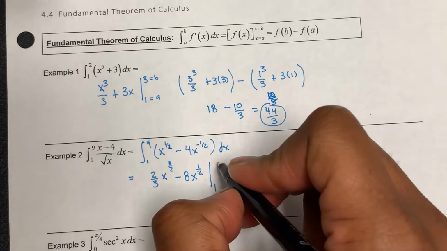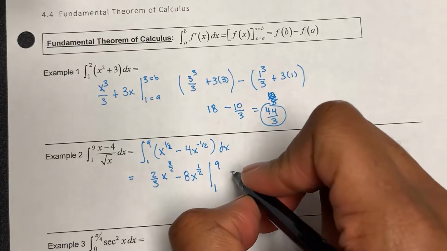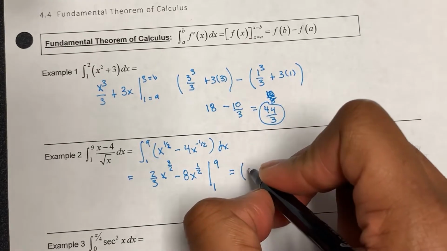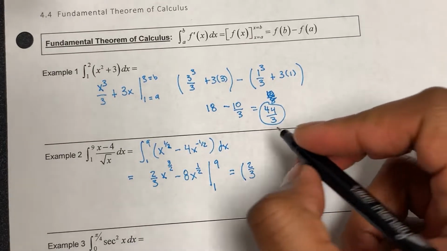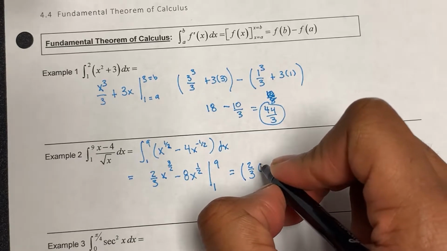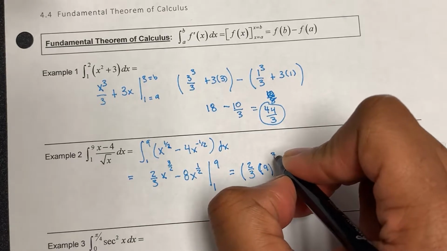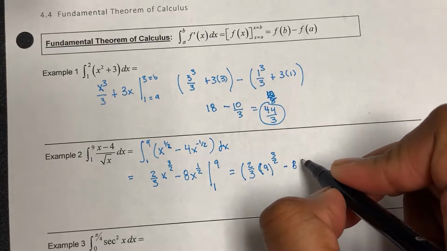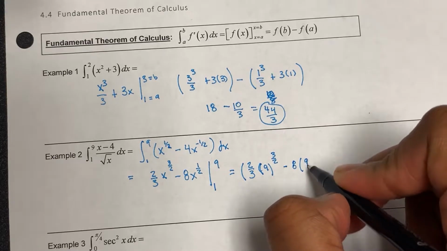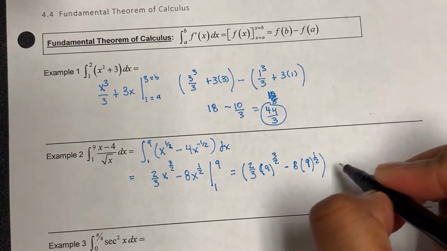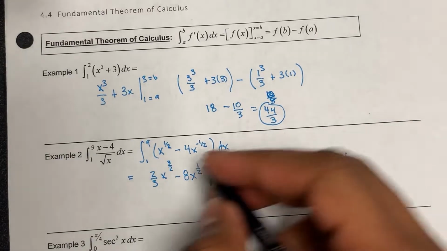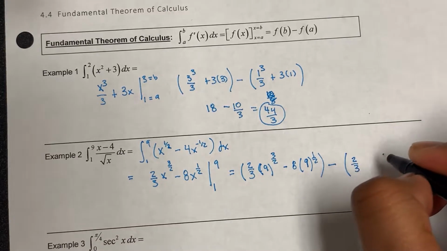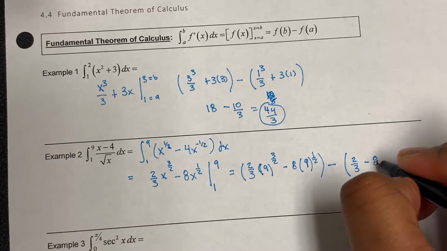And we're evaluating from 1 to 9. So this would be 2/3 times 9 to the 3/2 minus 8 times 9 to the 1/2 minus, so for 1, it's just going to be 2/3 minus 8.